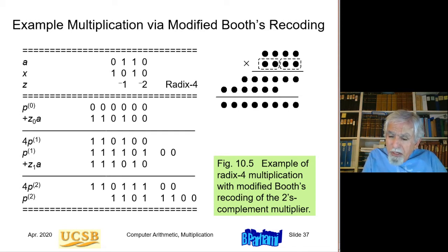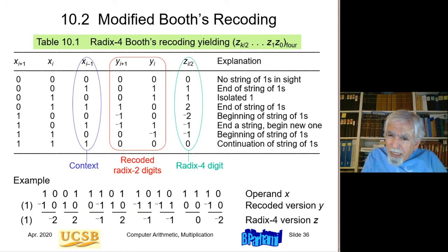So this Booth recoding, it turns out, and that's the thing that I mentioned I forgot to explain last time. When you get to the left edge of the number, whenever you have a string of 1s, like these 3 ones, the first of the 1s is replaced by -1.